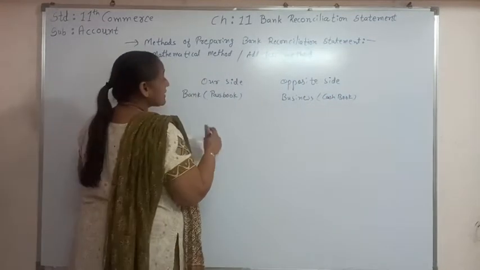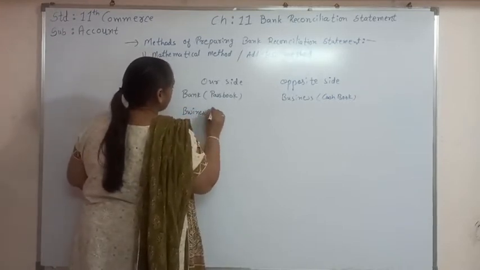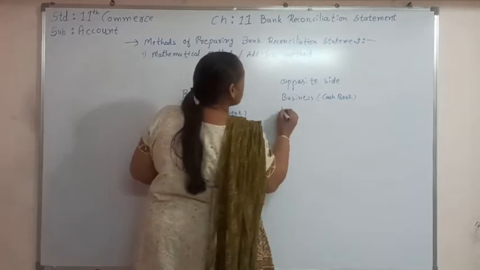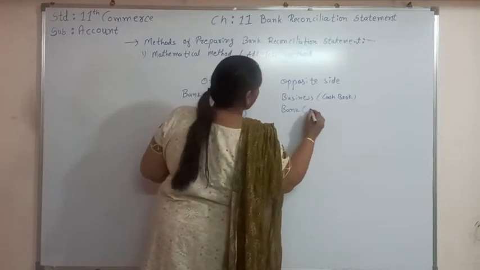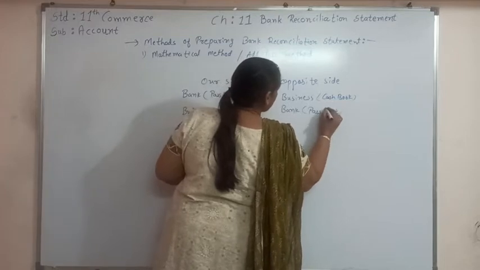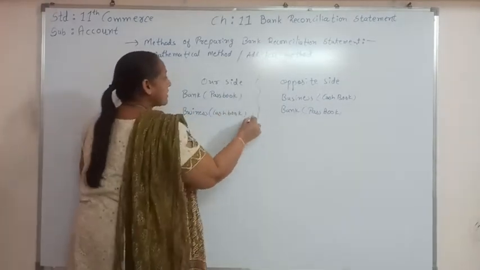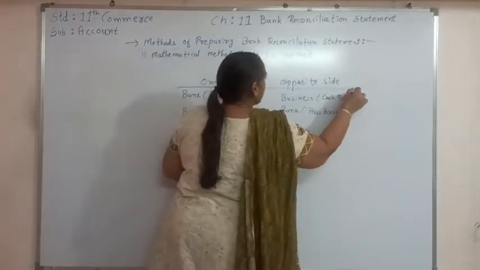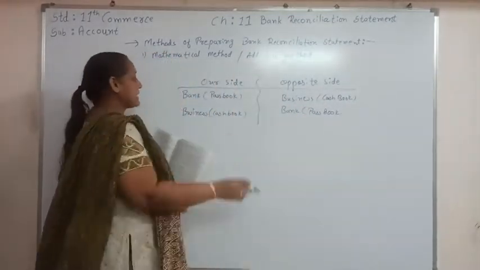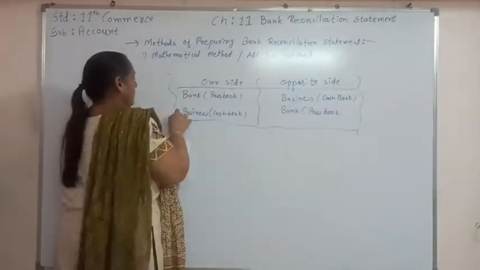But if we are starting from the business, that is the cash book, then the opposite side will be the bank, and it is called bank balance as per passbook. So we have to understand only this: if we have started our sum from this side, then the bank will be our side and the opposite side will be the business, and if we have started from the business, the other side will be the bank account.